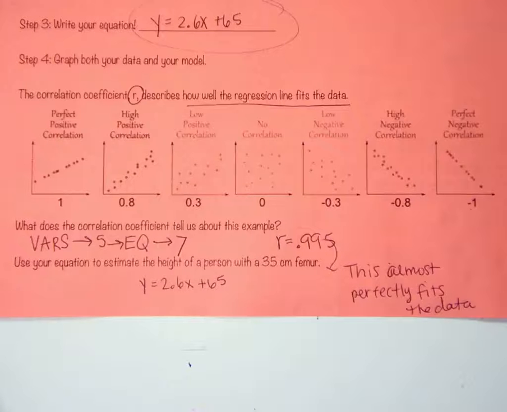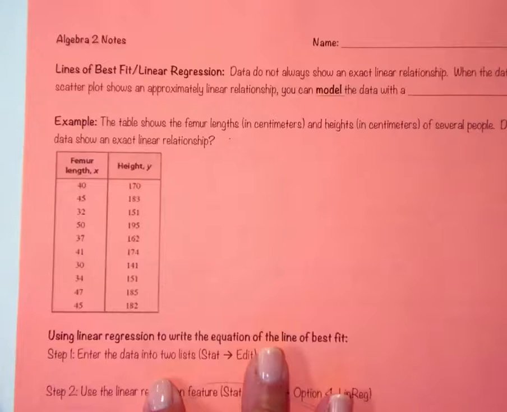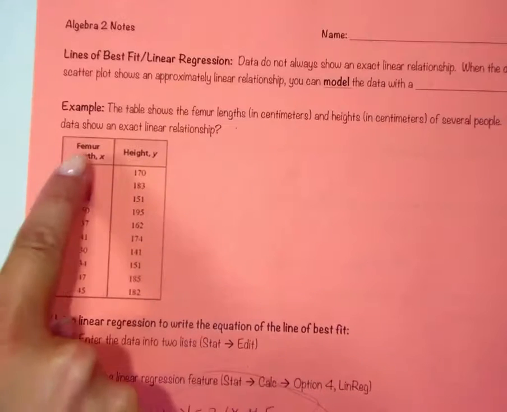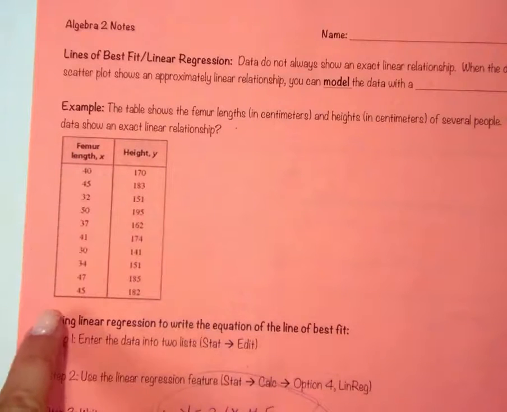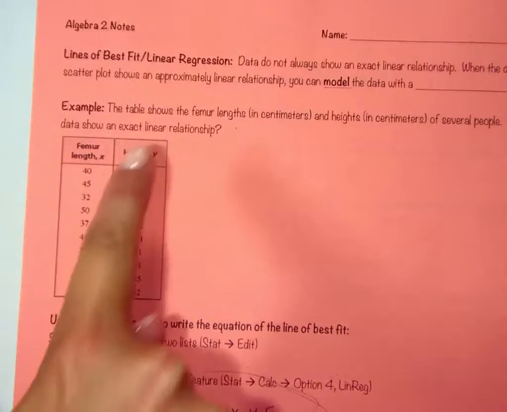Tell me your name. Yeah, Colin. What do you think? Okay. So let's look back at this table. Remember that femur length, those were our x values, and the corresponding heights were the y values. Allie, what do you think?